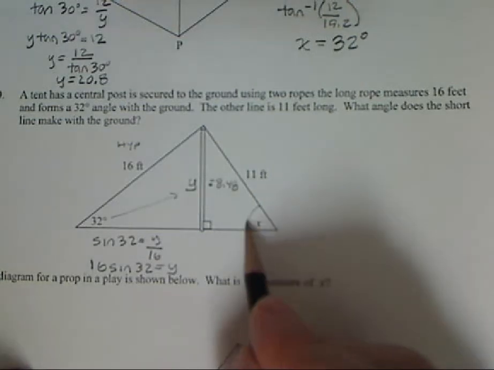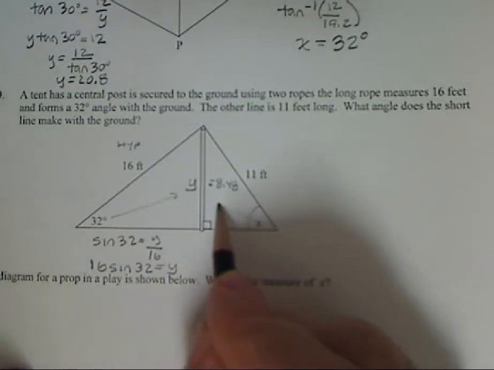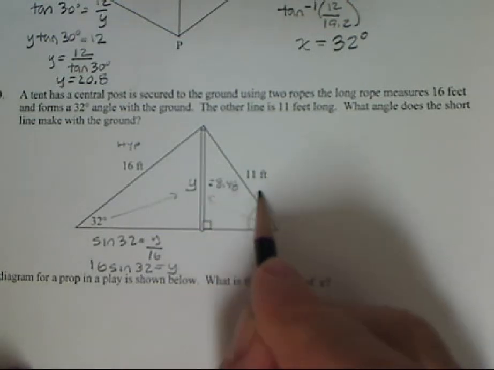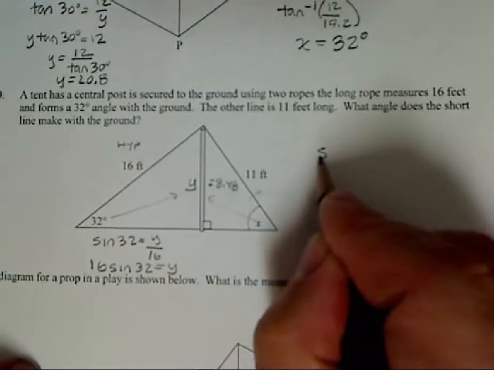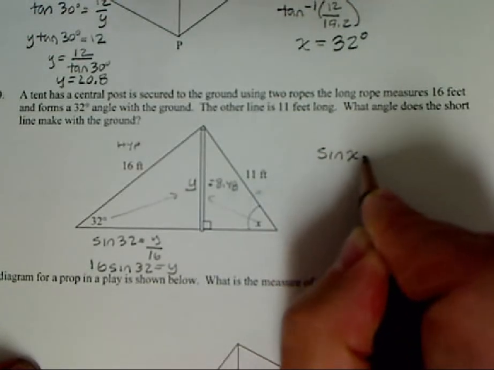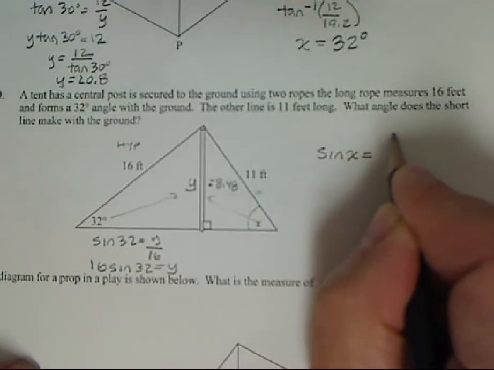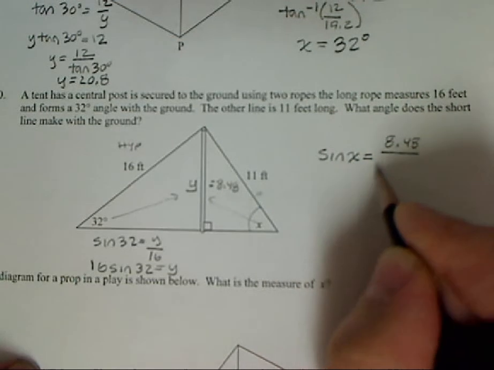Now to figure out what x is, I have opposite and hypotenuse, so I'm going to use sine again. Sine of x is equal to 8.48 divided by 11.